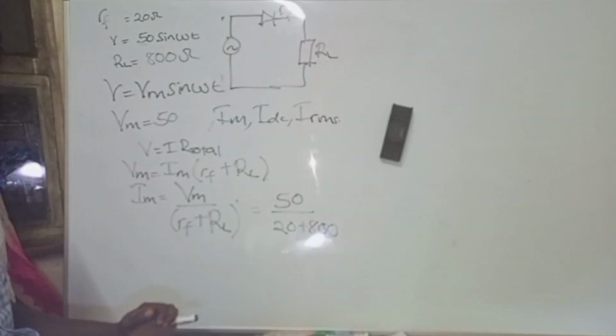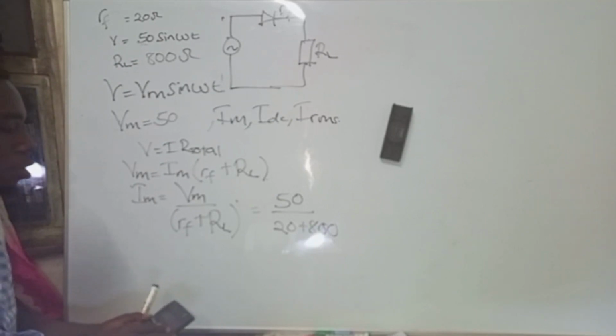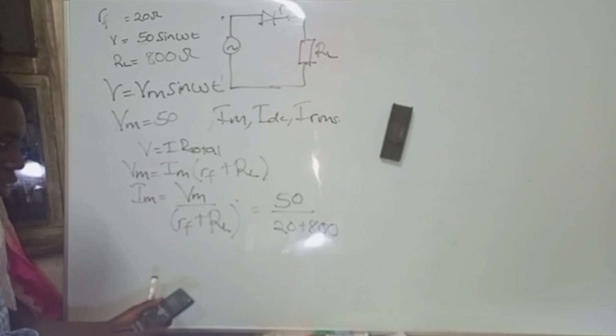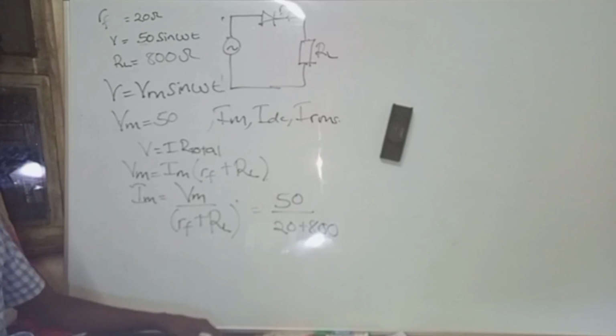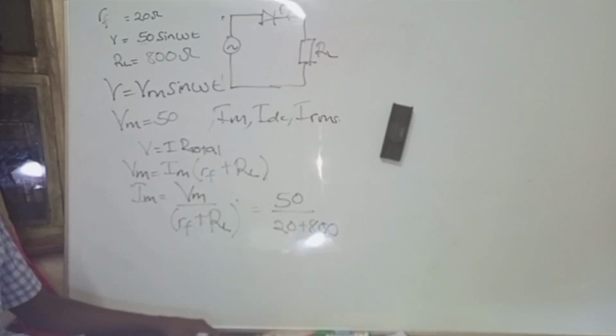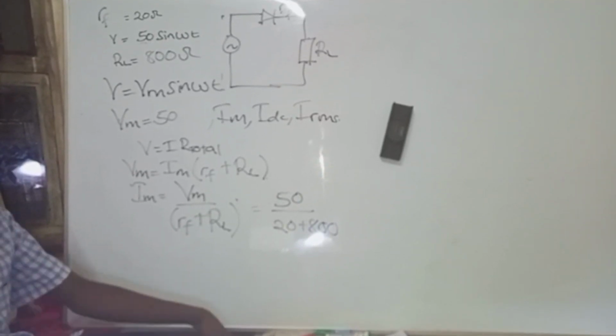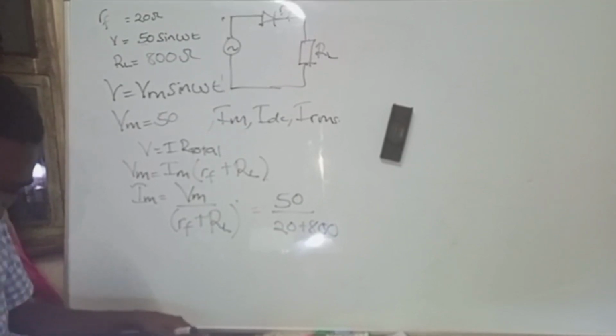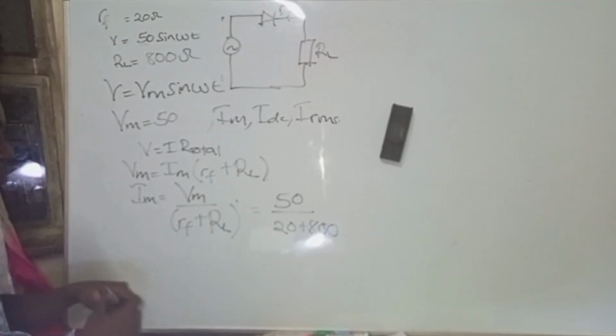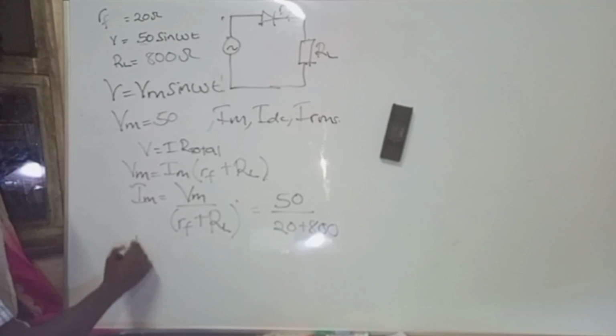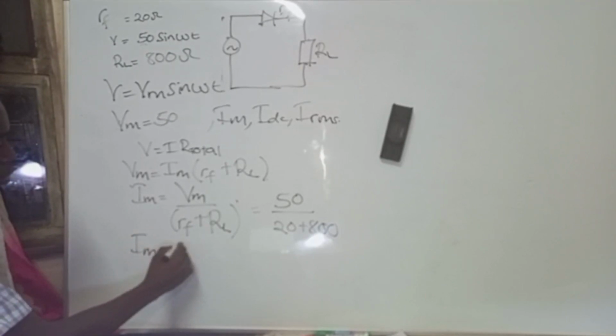When you do the mathematics, you'll see that we have 50 divided by 820, and that is giving me a total current of 0.0609.